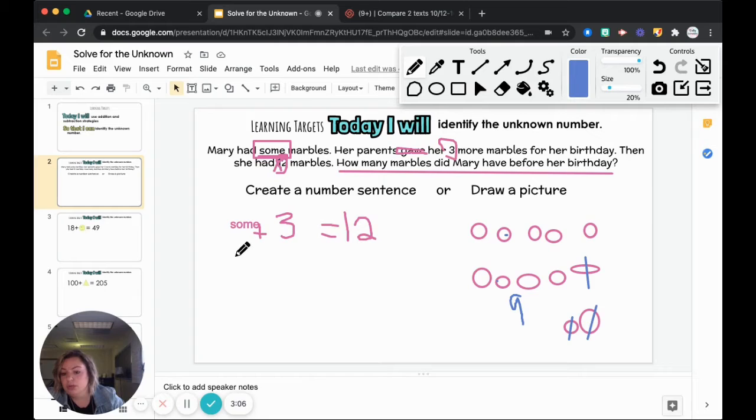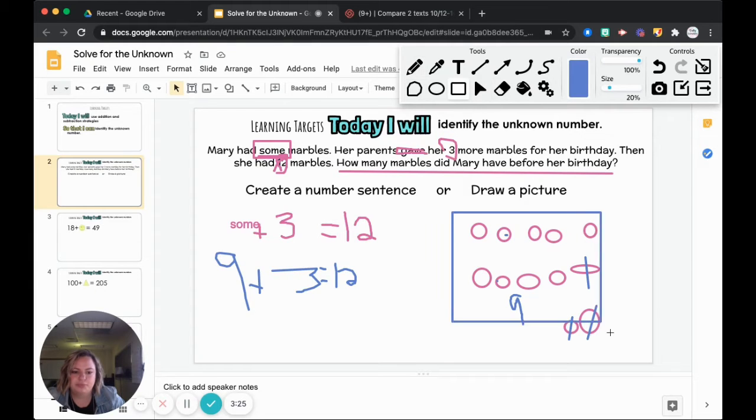Let's plug it into our equation and see if it works. 9 plus 3. Whoa, that's a weird 3. Pretend that's a normal 3 for now. So we have 9, 10, 11, 12. Good. So if you look closely at our picture over here, you will notice something.